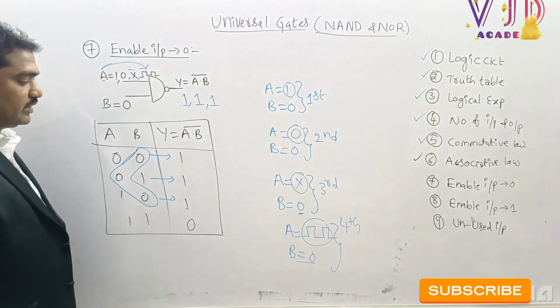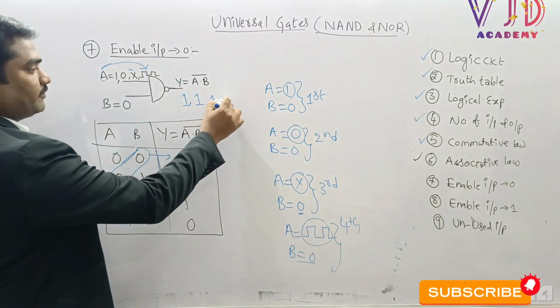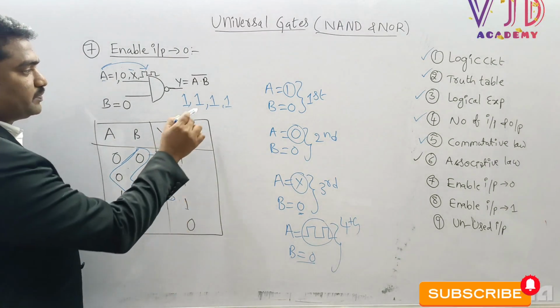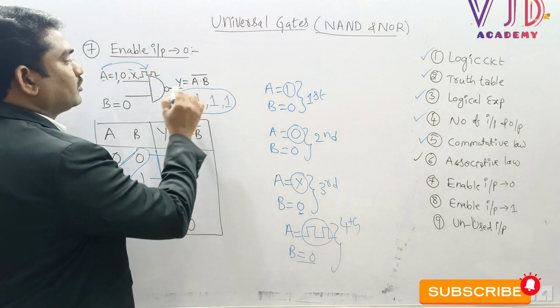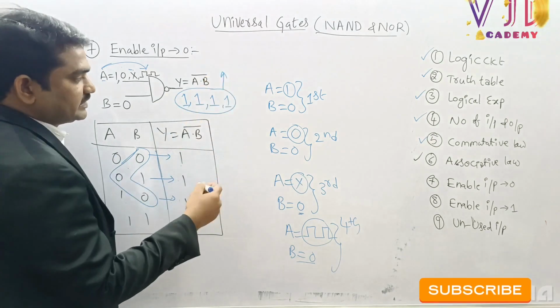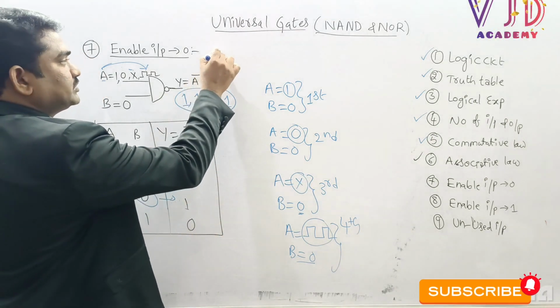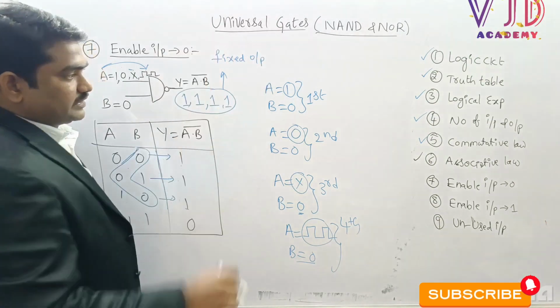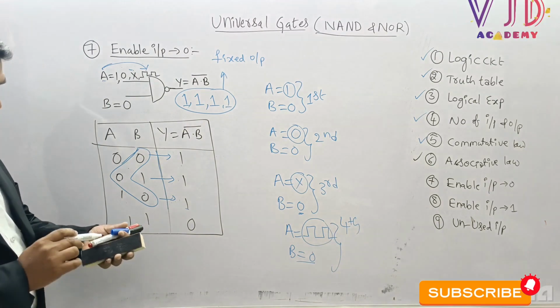So based upon the behavior of the NAND gate circuit, for the four cases it is producing the same output. It is producing a fixed output. So this is the enable input 0 condition.